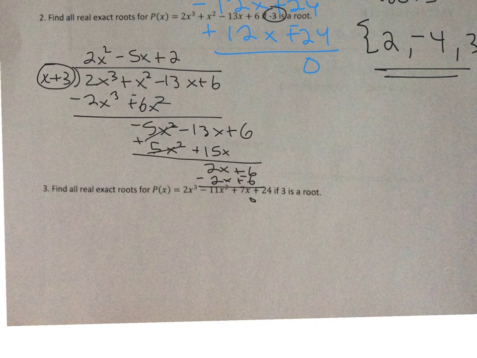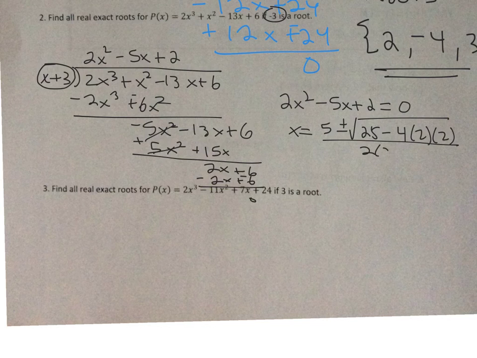x plus 3 is a factor, negative 3 is a root, and we're going to use the quadratic formula this time to find the remaining roots. If you're good at factoring, you could try to factor this. I'm going to use the quadratic formula and get 5 plus or minus the square root of 25 minus 4 times 2 all over 2 times 2. x equals 5 plus or minus the square root of 25 minus 16, which is 9, over 4. x equals 5 plus or minus 3 over 4.